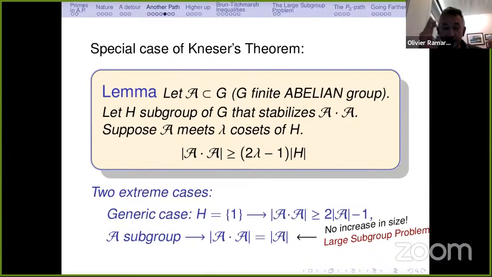So you have lots of things to understand, and that's being given by Kneser's theorem. Essentially, Kneser's theorem tells you to look at the stabilizer of A times A, sorry, and look at addition in G by H. That gives you the answer.